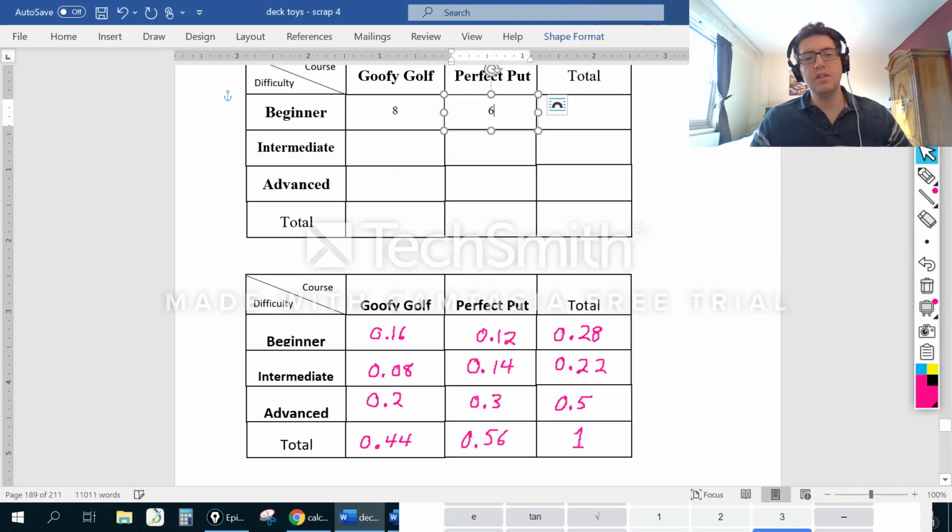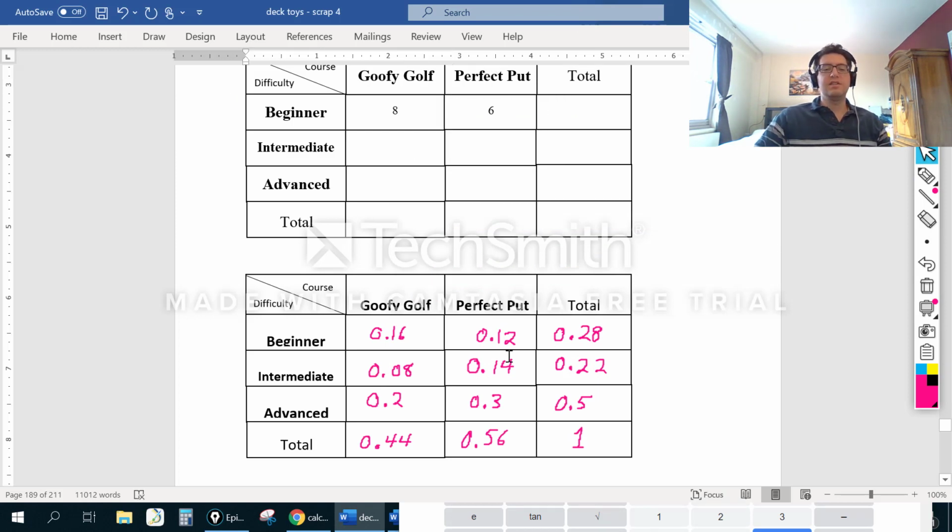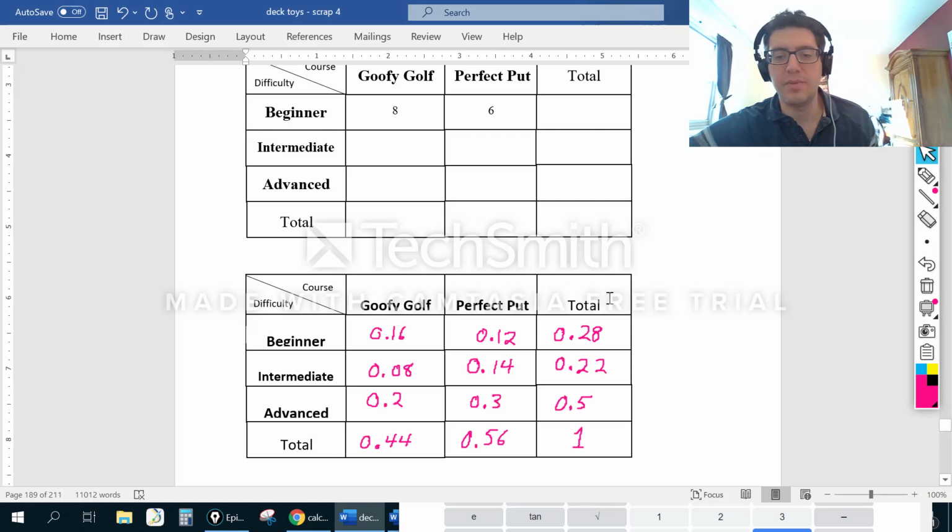So all you need to do is take these numbers and multiply them by the grand total, and the grand total is not given to you in the relative frequency table. That's why you just have to know what it is. Either you know it or somebody tells you what the grand total is, and then it's easy. You just multiply all the numbers by the grand total.